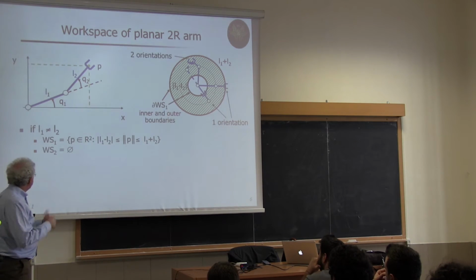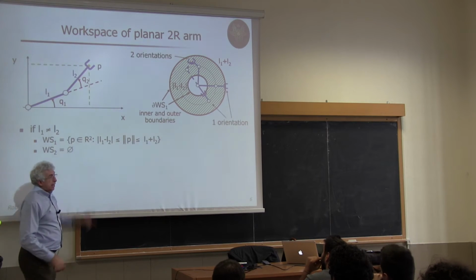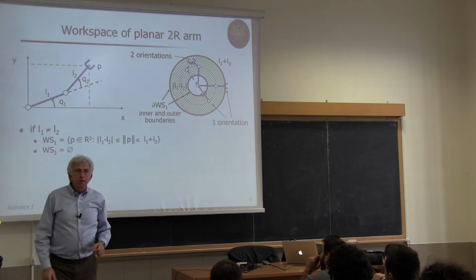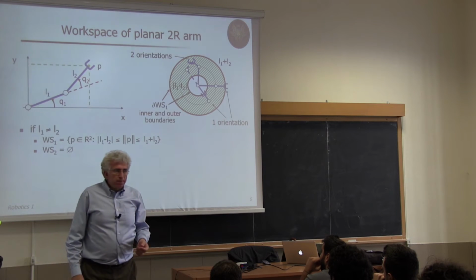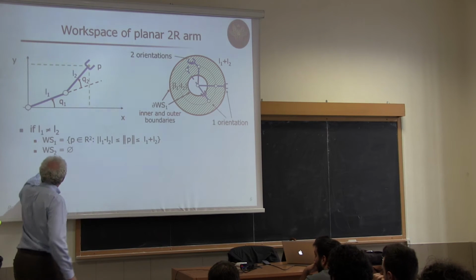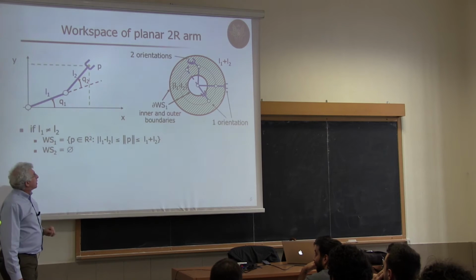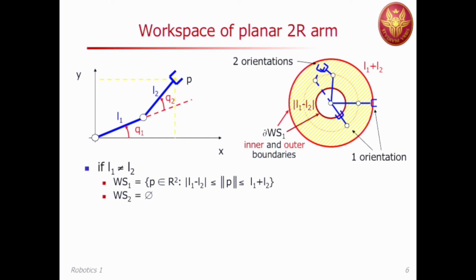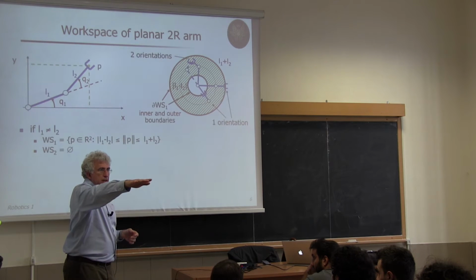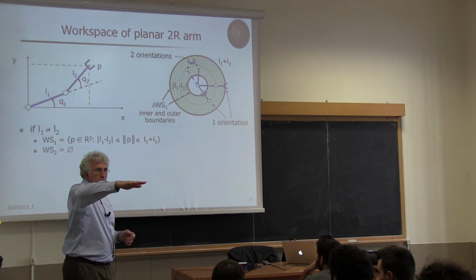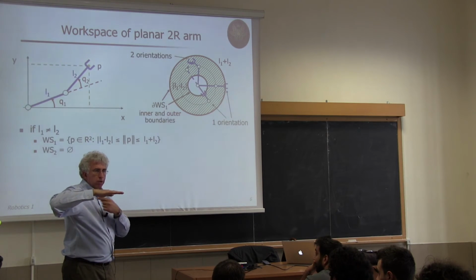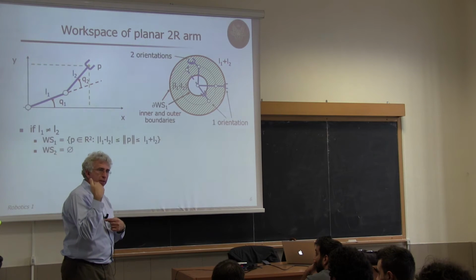And suppose, for generality, that the two link lengths, L1 and L2, are in general different. So, first case, L1 is different from L2. Now, what are all the points that can be reached by the center of the gripper in the plane? Well, I stretch the arm, then I can move along the radial axis toward the center until I fold the arm.